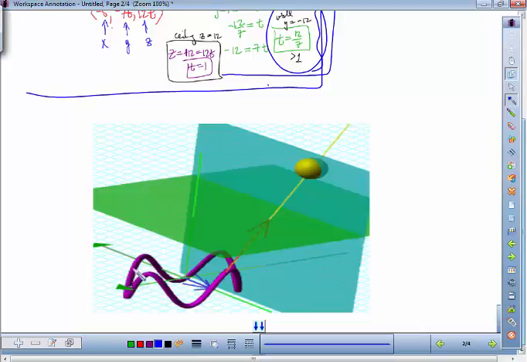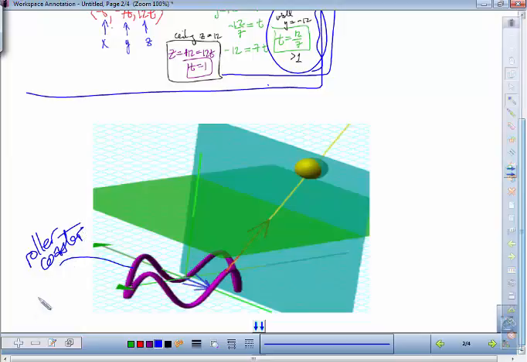This is your path, r of t. This is your tangent vector, or this is your point over here, the point that you leave. So this is the position vector evaluated at pi. That's the time when we took off.